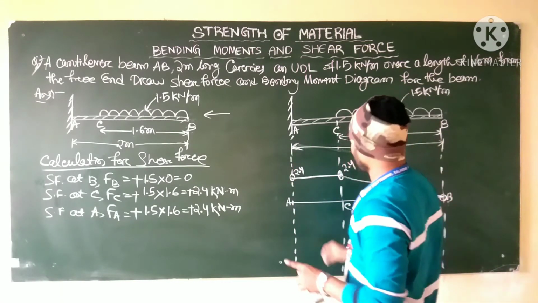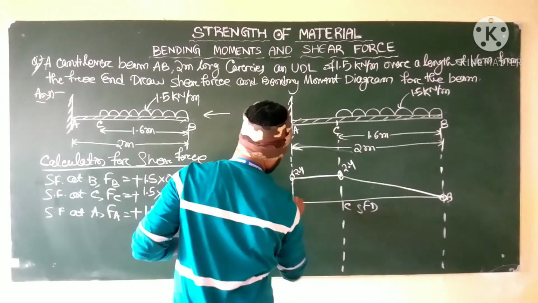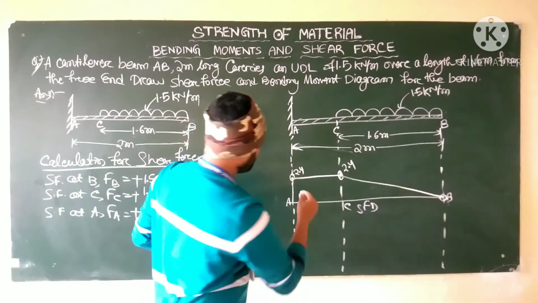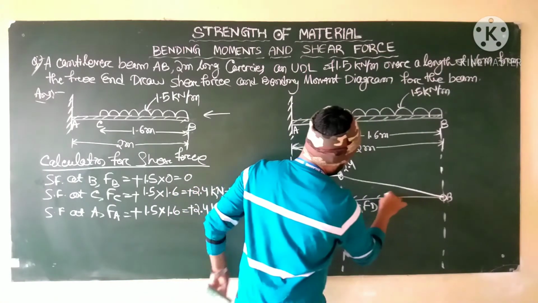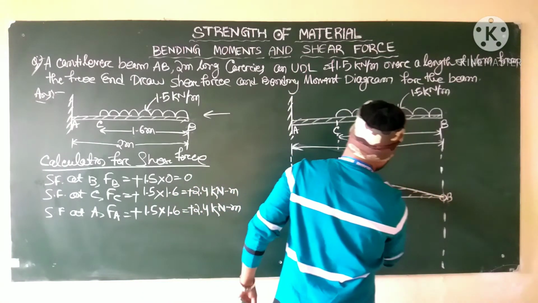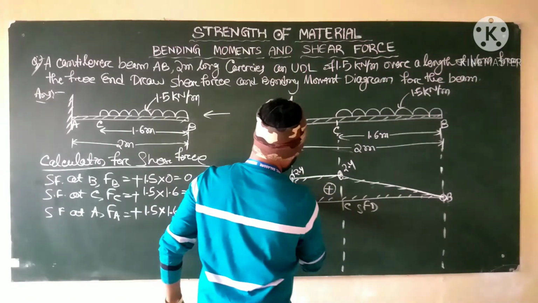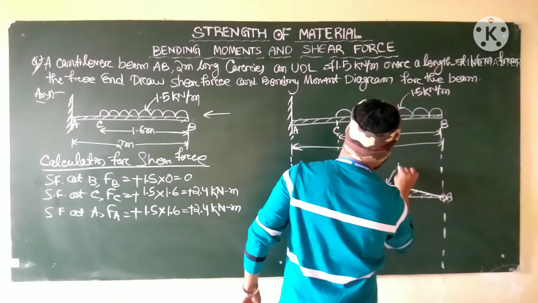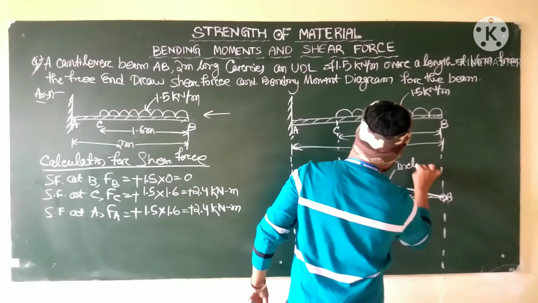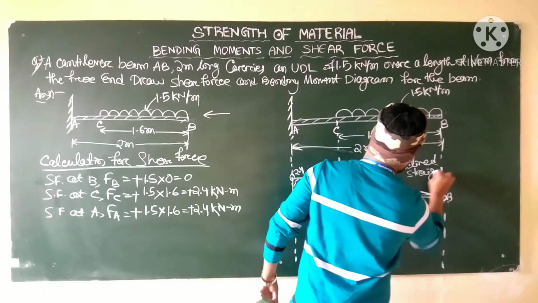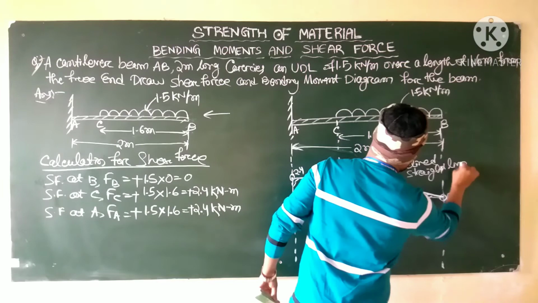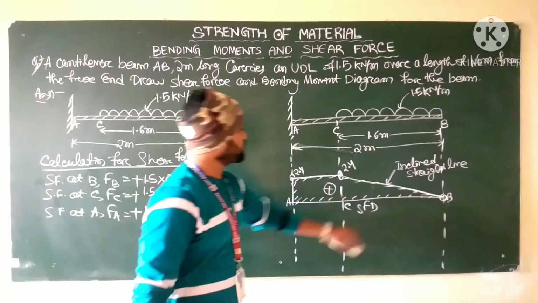This is the horizontal. Here we will write inclined line.